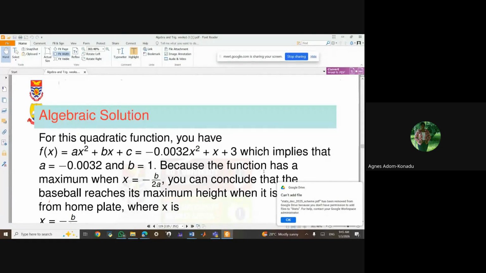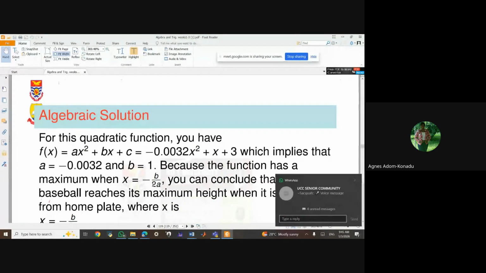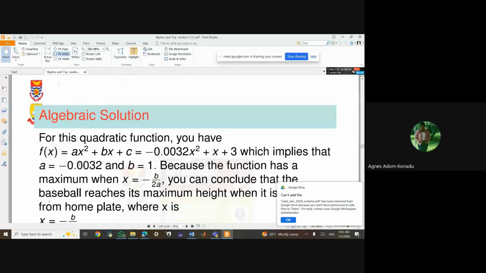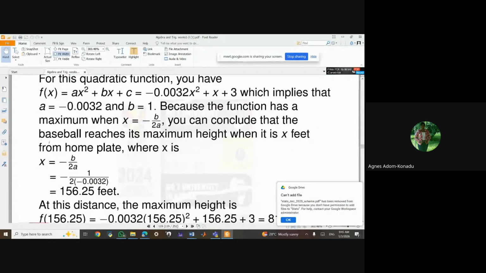Because the function has a maximum value, since a is negative, the value will be minus b over 2a. So my b is 1, so I have 1 over 2, and then my a is this value. When you solve, you're going to get x to be 156.25 feet. So that is the x value.